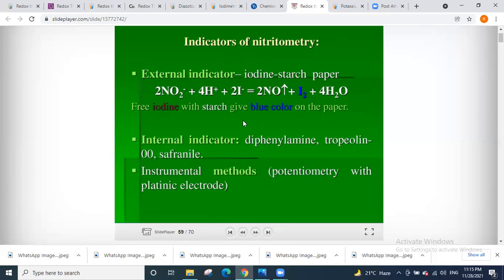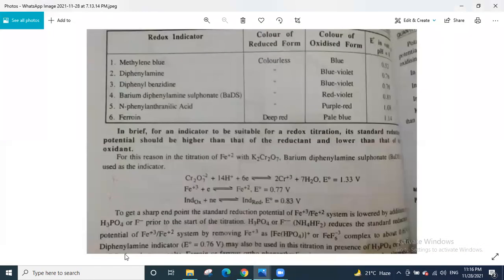How do we choose this indicator? I have an image here. We have diphenylamine, diphenylbenzidine, barium or sodium salt of diphenylamine sulfonate, phenylanthranilic acid, and ferroin, and they have different redox potential values and different colors.